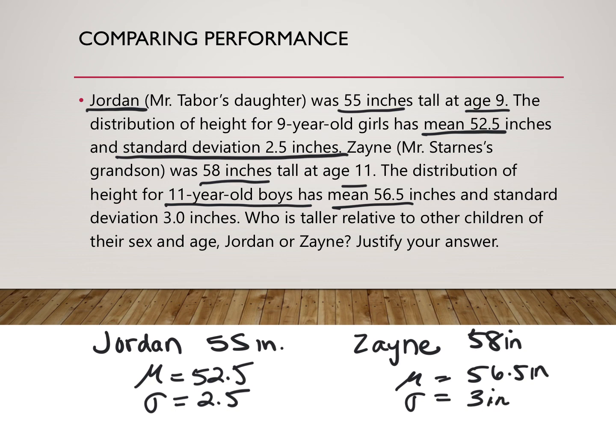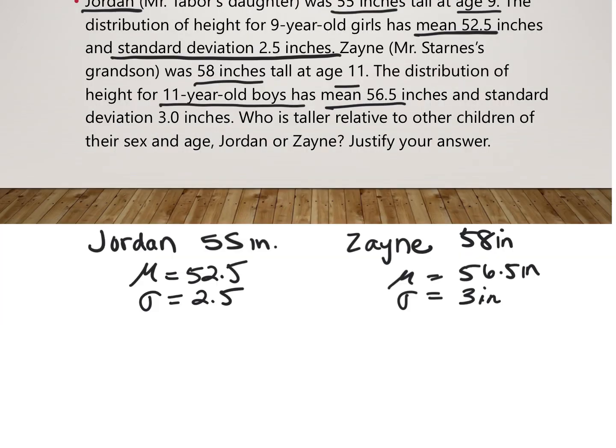Who is taller relative to the other children of their sex and age? Jordan or Zane? Justify your answer. How might we compare who's actually taller relative to other kids in their age? Find their z-scores, right? Relative to the mean and the standard deviation, who is actually taller? So find both z-scores and tell me who you think is taller.